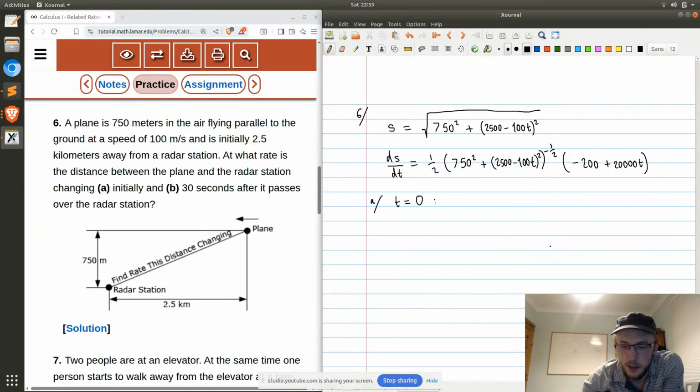That squared plus that squared, all to the negative half, and then multiplied by that.